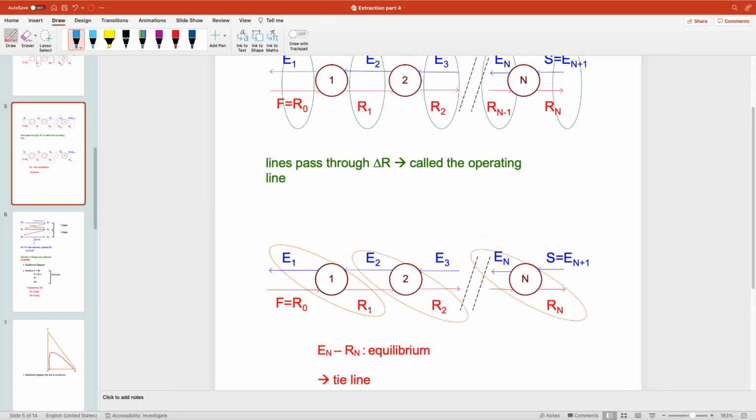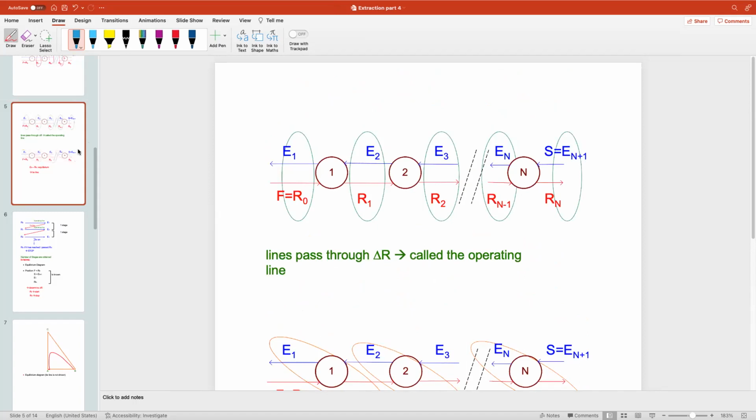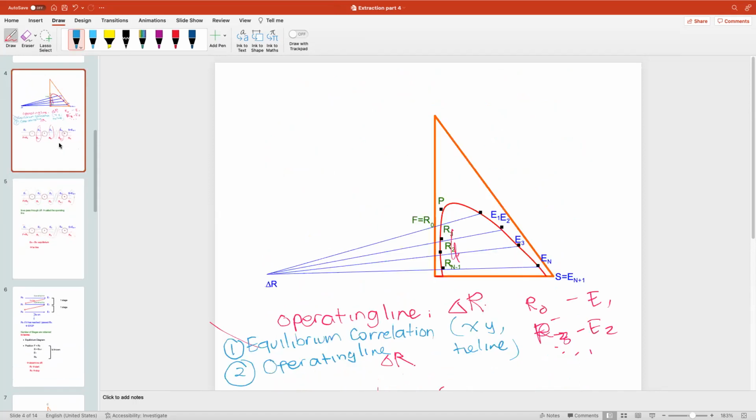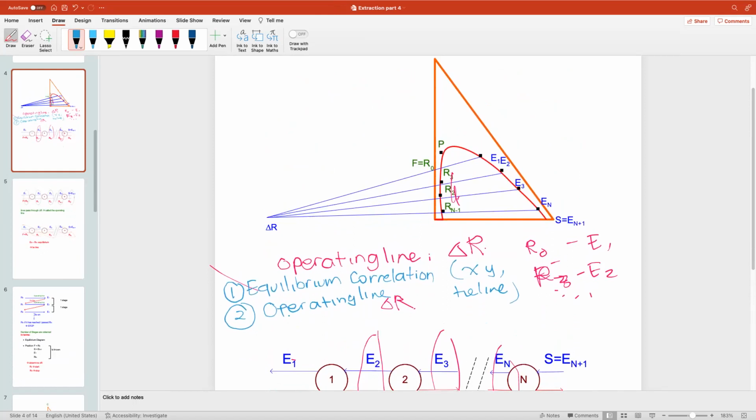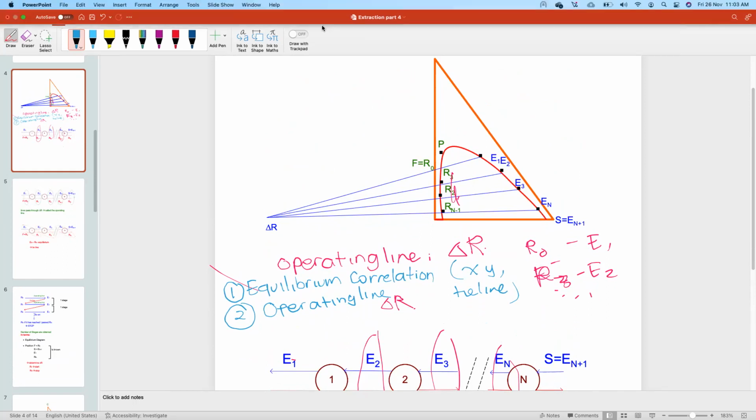Thank you very much for your attention. So up to here, the question is until you find the operating line. Next Thursday, hopefully, I can explain how to determine how many stages there are between the operating line and the equilibrium correlation. All right, thank you very much, and I'll see you again next week.